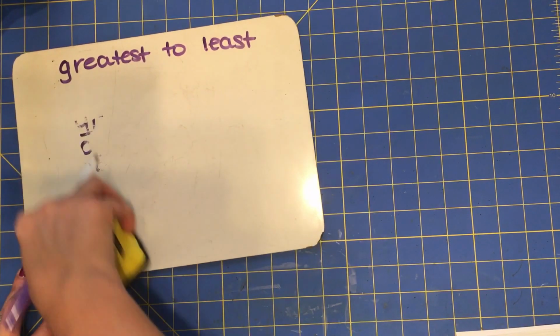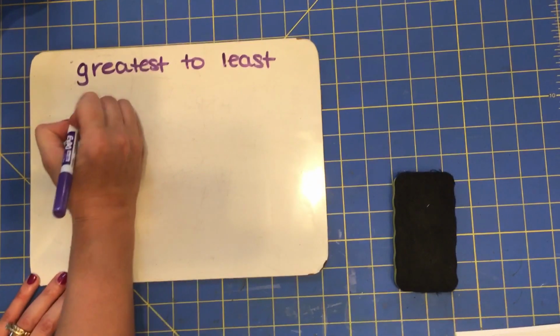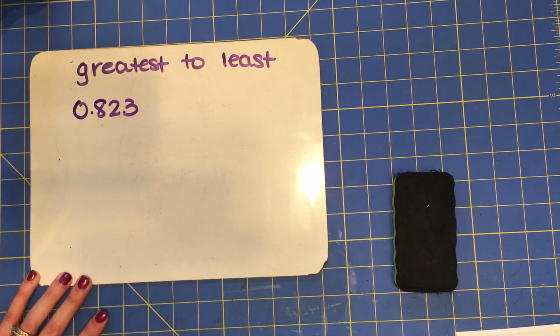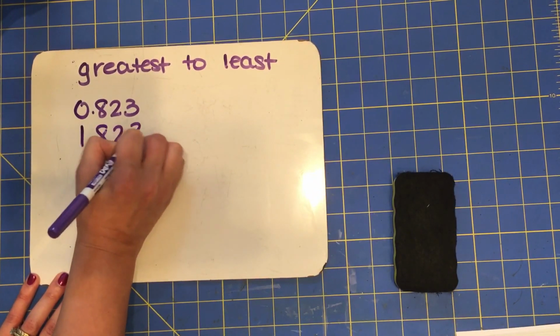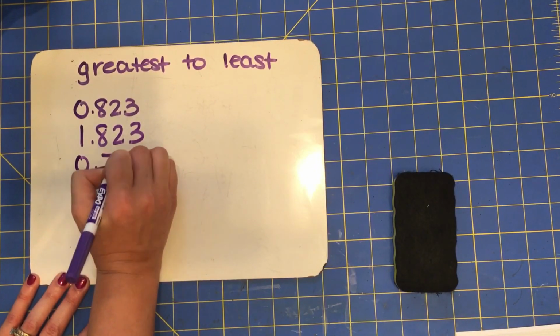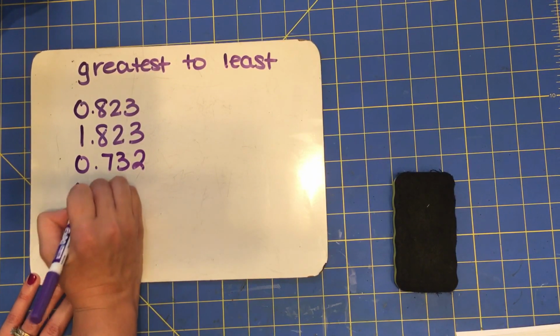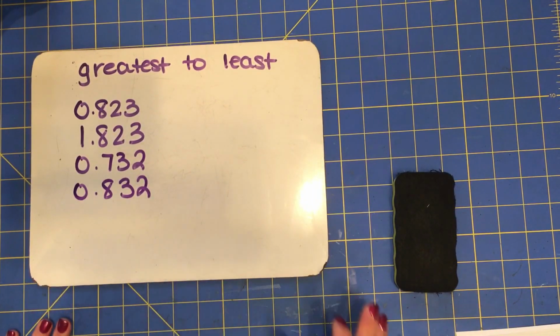All right, now let's go on to number 2 in the same section. And they gave you these 4 numbers: 823 thousandths, 1 and 823 thousandths, 732 thousandths, and 832 thousandths. So the process is the same.